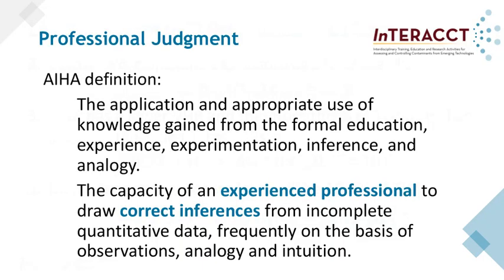The AIHA defines professional judgment as the application and appropriate use of knowledge gained from the formal education, experience, experimentation, inference, and analogy. It's the capacity of an experienced professional to draw correct inferences from incomplete quantitative data, frequently on the basis of observations, analogy, and intuition.